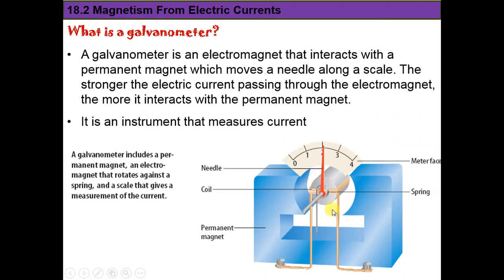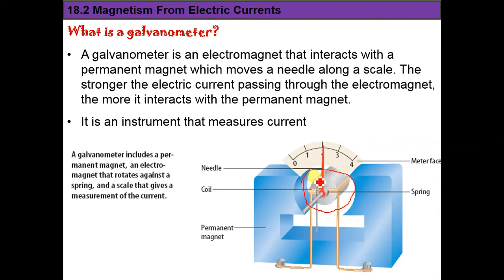I will remind you, what is an electromagnet? An electromagnet is a long coil of wire wrapped around an iron core. So it's like a solenoid, but we insert inside it what? An iron core. So this one inside is the electromagnet.